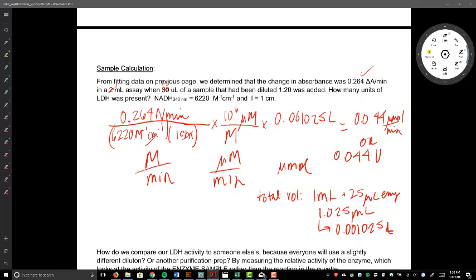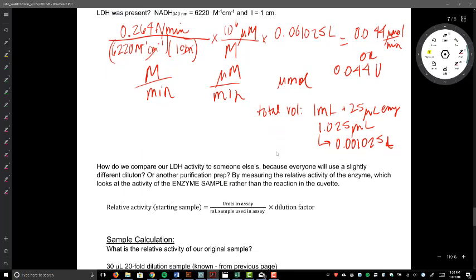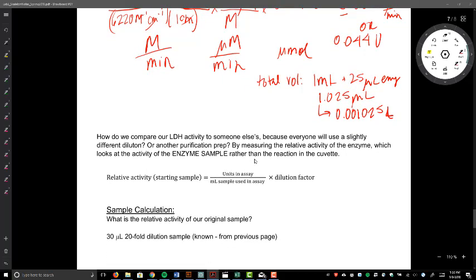All right, so when we calculate the units of enzyme, that's telling us the amount of enzyme that's located in the reaction cuvette. However, the amount of enzyme that's in the cuvette doesn't tell us anything about how much enzyme is actually located in our big sample that we pulled from, because we haven't taken the dilution factor into account.